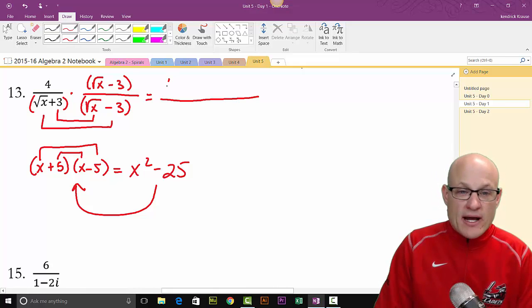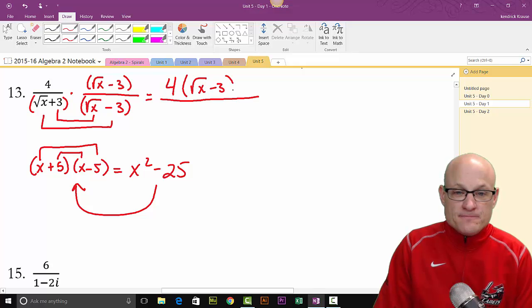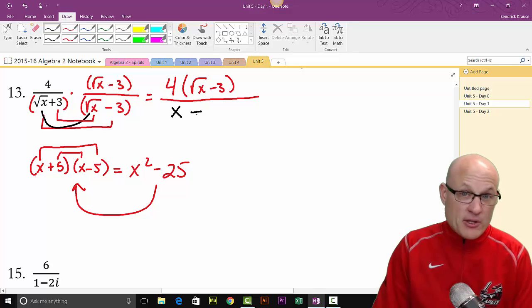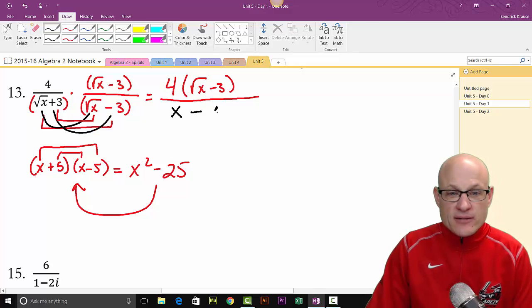So in the numerator, we're not distributing 4 radical x minus 3. And in the denominator, we're going to do square root of x times the square root of x, which is just x, minus, it's always minus because they're conjugates, one has to be plus and one has to be minus, positive 3 times negative 3, which is 9. There's your answer.